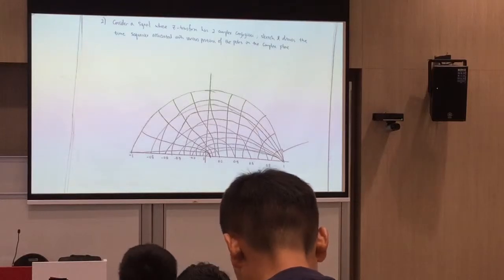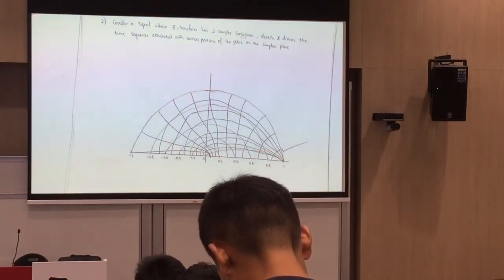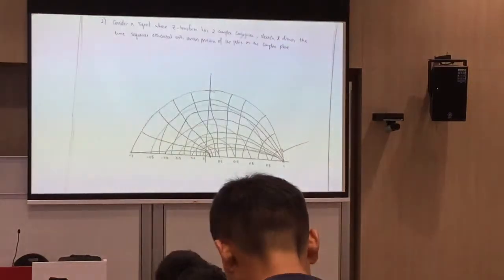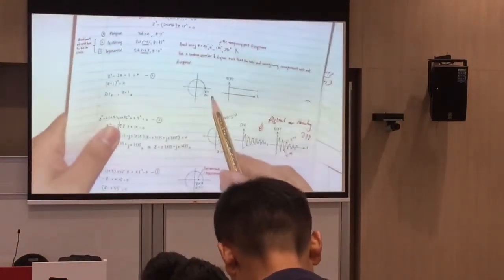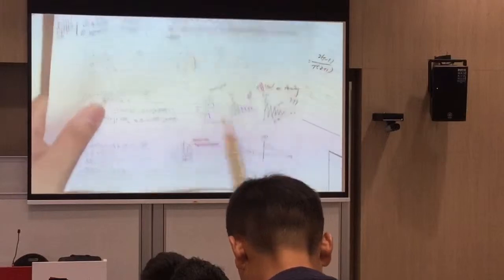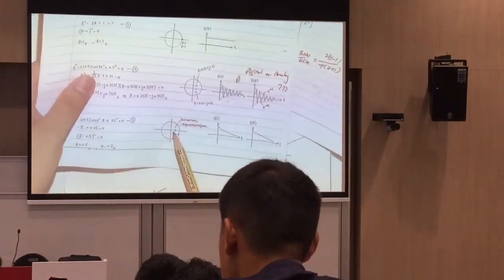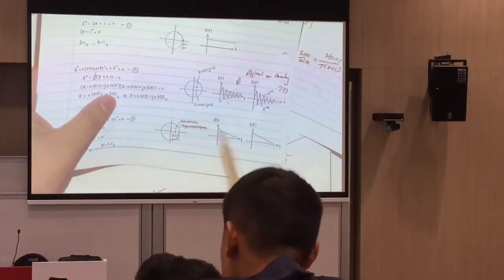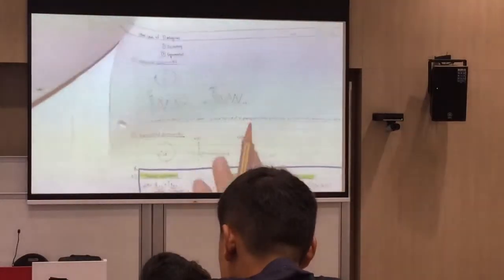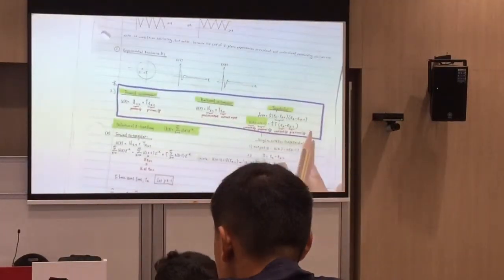It's only a sketch. So you can have some answer like this. If your pole is here, it's the outer one. If your pole is inside, you will get this one. Okay, if your pole is at the inside, you need to curl like this, you get this one. And so on and so forth. Okay?